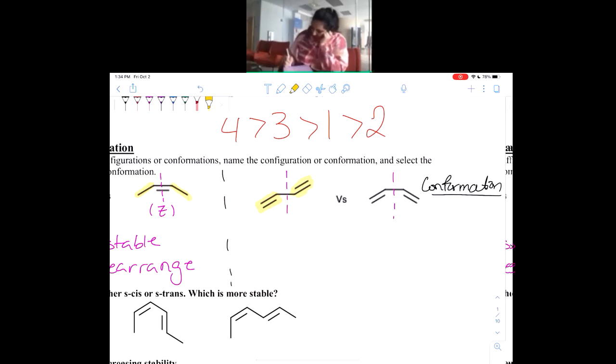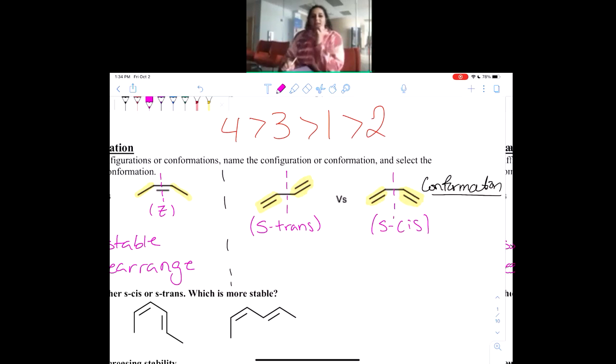And the way we name conformations is S-cis or S-trans. So if they're pointing away from each other like this, it's considered S-trans. And if they are pointing the same direction, it is S-cis.